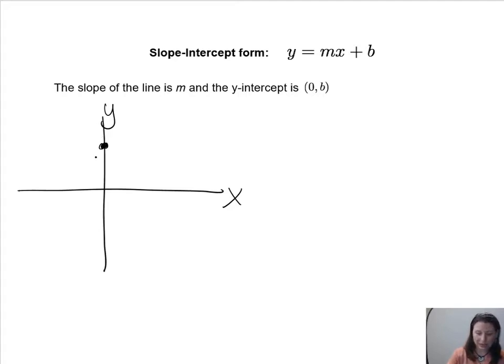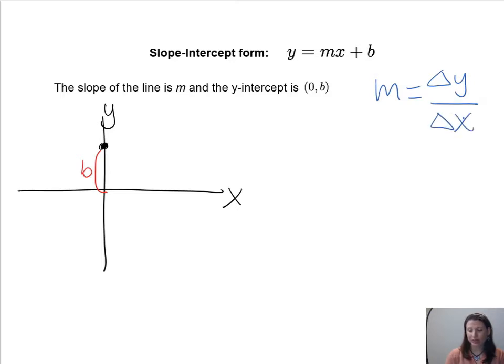So this basically is a change here of b amount. We didn't go over any for 0, x, we just went up by b. Then the slope would say m is equal to some change in y over some change in x. Delta just means change to us.